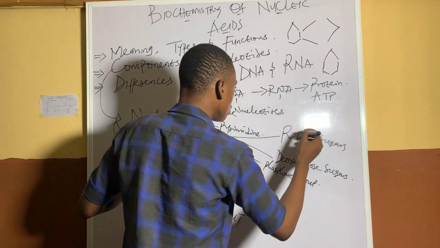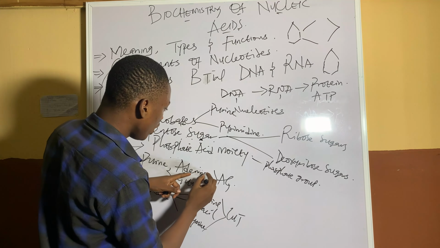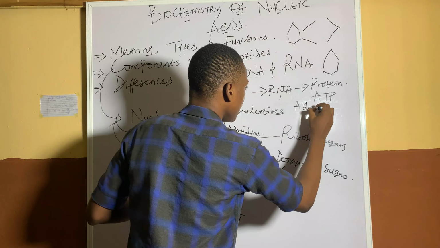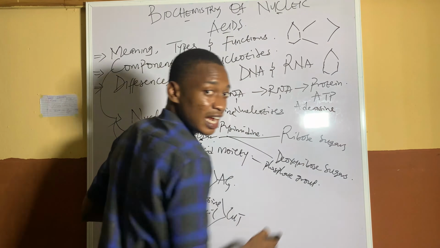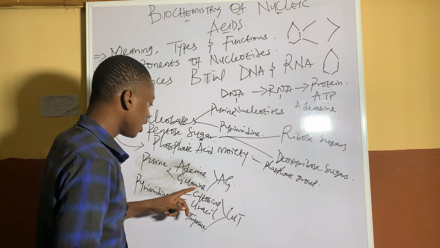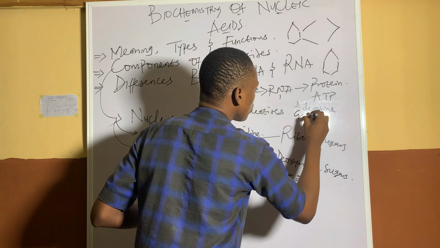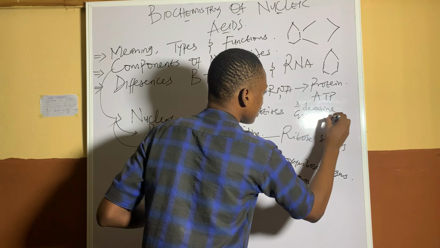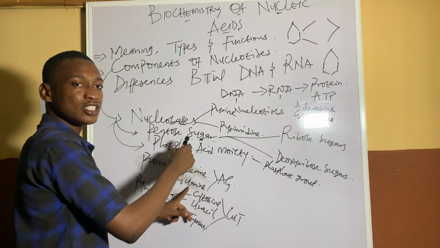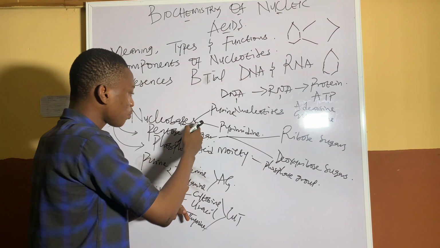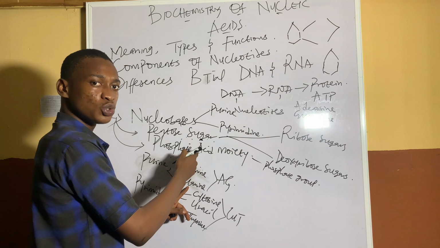So examples of nucleoside: when we have adenine plus a sugar, we form adenosine. That's a nucleoside. When I have guanine plus a pentose sugar, I'll form guanosine. Remember, base plus sugar is nucleosides. Base plus sugar plus phosphate group is nucleotide.